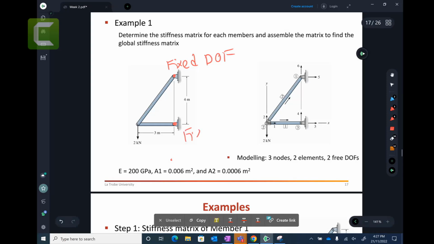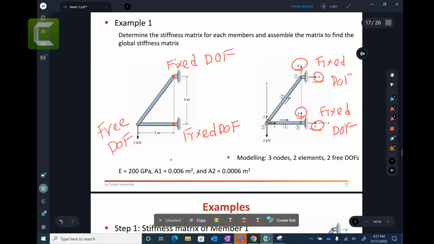So this is a fixed degree of freedom. And this point, which is not supported, is free to go in X, Y, or vertically. So this point has 2 free degrees of freedom. These 3 and 4 are fixed degrees of freedom. Look at the left side: 5 and 6 are fixed degrees of freedom, and 1 and 2 are free degrees of freedom.